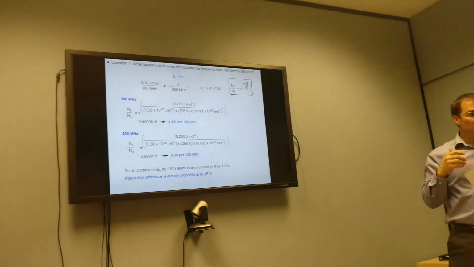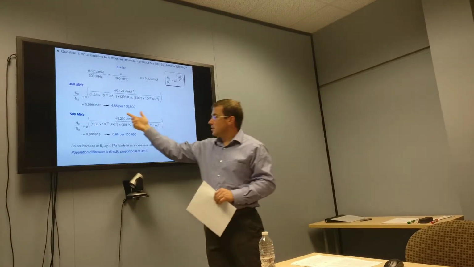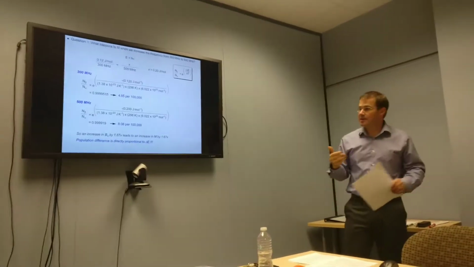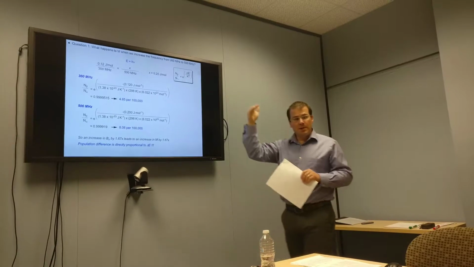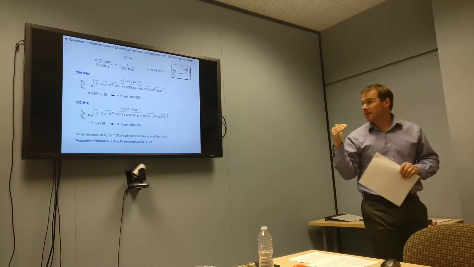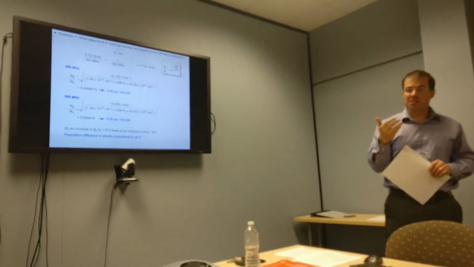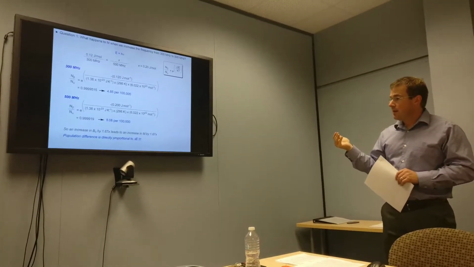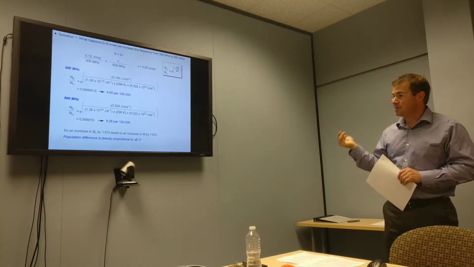If you take that energy splitting that we derived for the 500 megahertz experiment, plug that into the same formula, you find that the difference in population of the upper state versus the lower state is now 8.08 per 100,000. So in other words, we increased the field strength by 1.67 times. Therefore, that led to an increase in the magnetization vector by 1.67 times.